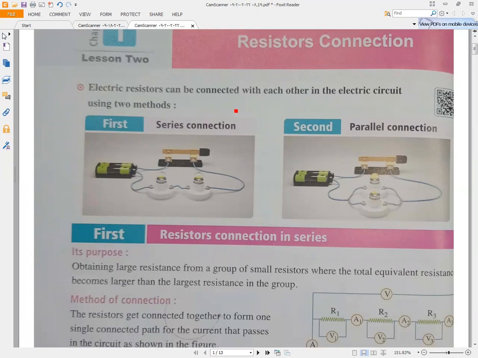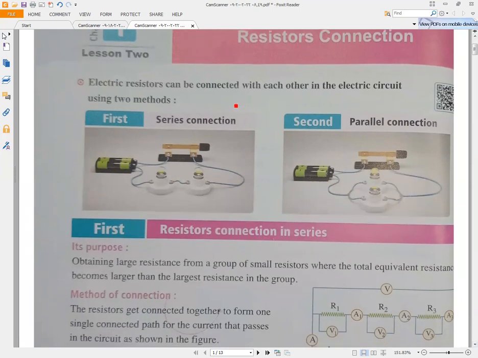What is the importance of this connection in series? Obtaining large resistance from a group of smaller resistances. The equivalent resistance equals the sum of the resistances, and the total resistance is larger than the largest resistance.